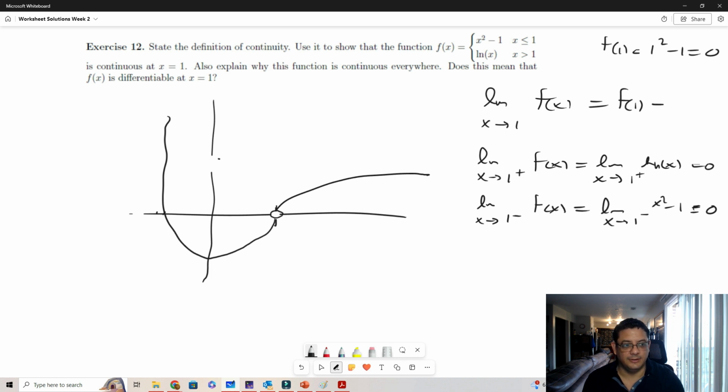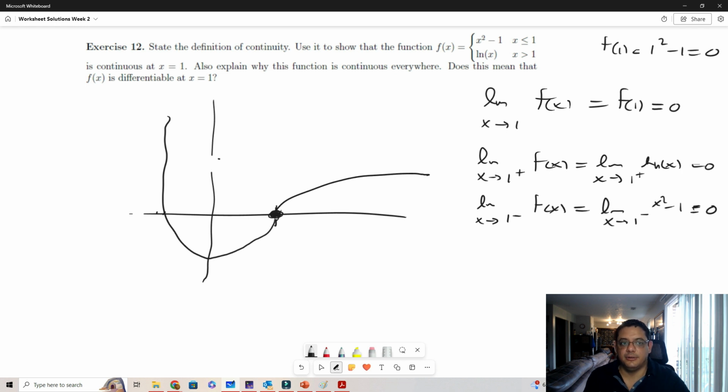This means that the definition of continuity holds. And also the function is going to be continuous everywhere because all these functions are continuous at every single point. The only point that was troublesome here was the joining point. But it turns out that the joining point was also continuous. And so this is going to be a function that is continuous.